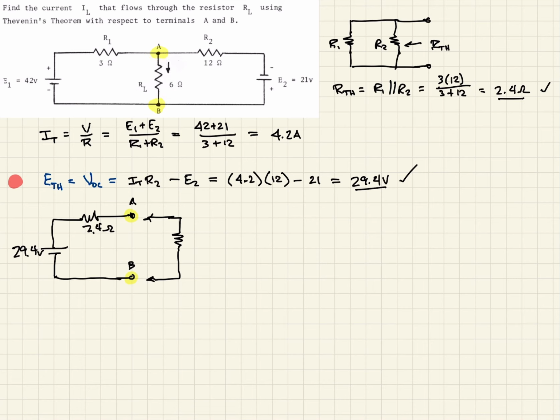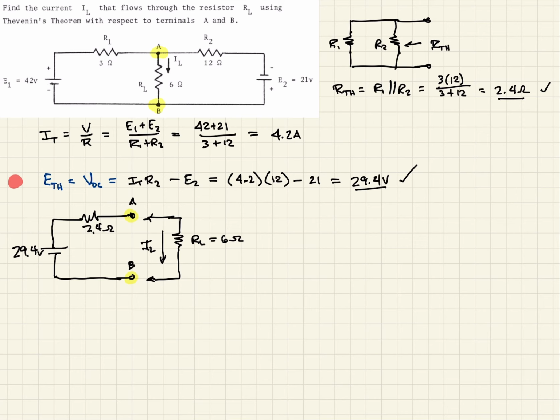This is our R_L, equal to 6 ohms. And what we're asked to solve for, again, is this I_L, the current flowing through that resistor.